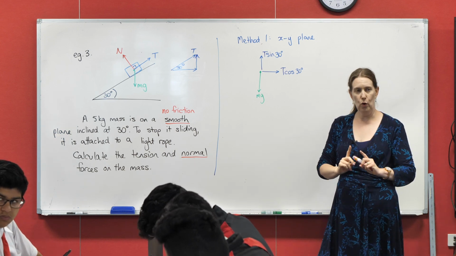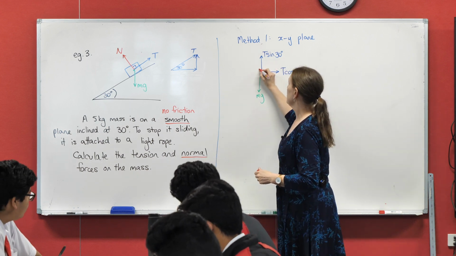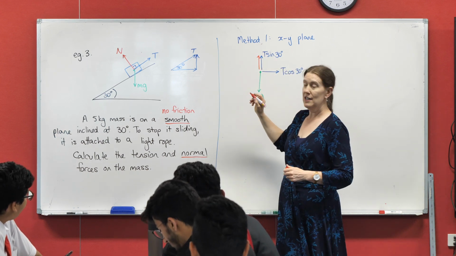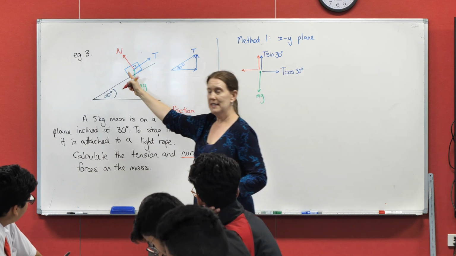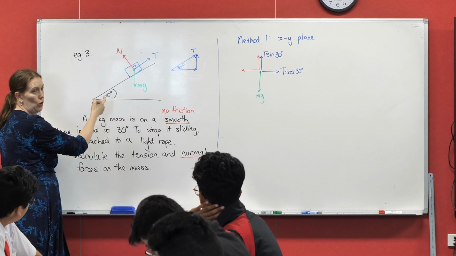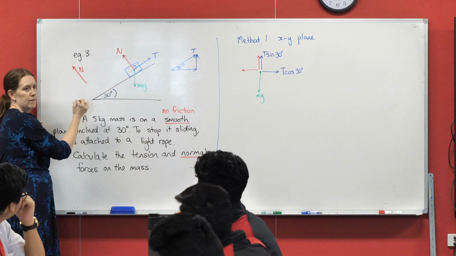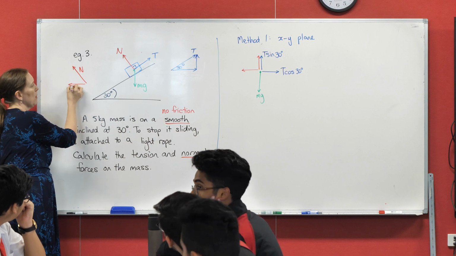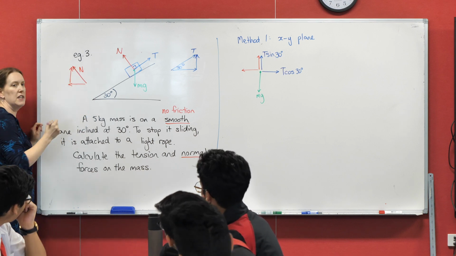The normal force is a little bit trickier. It's going to have a component in this direction and a component in this direction. But let's come back over here and have a look at what those forces are. Here's my normal force. Here's my component this direction, which is how I knew it was this way, and my component in this direction.